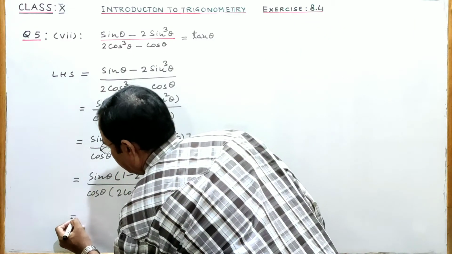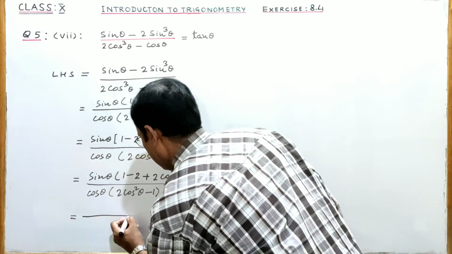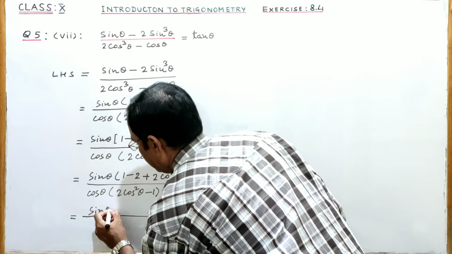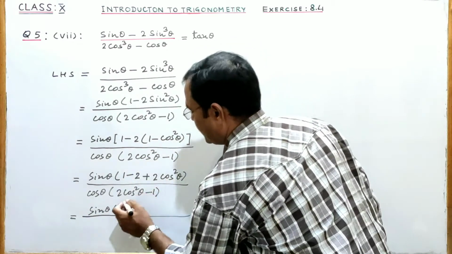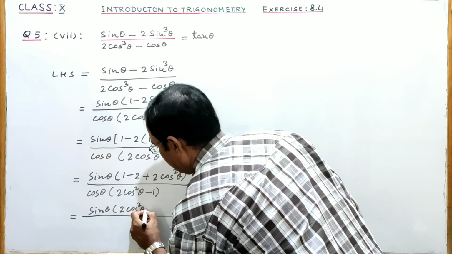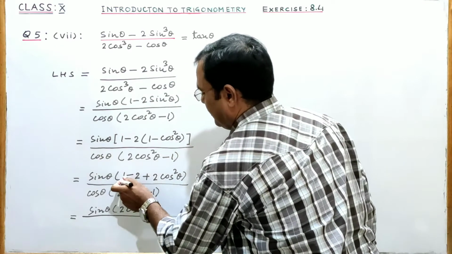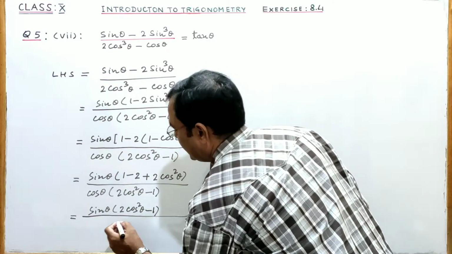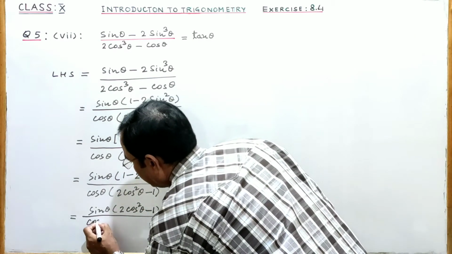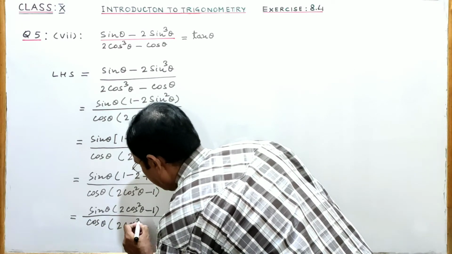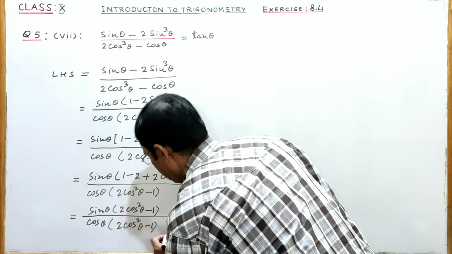This is equal to sin theta into 2 cos square theta minus 1 divided by cos theta into 2 cos square theta minus 1.